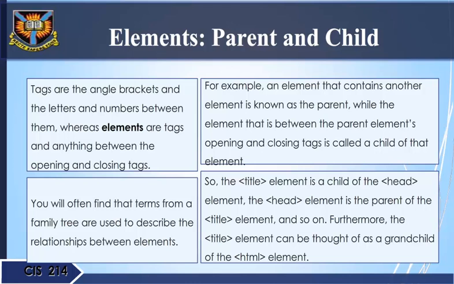For example, an element that contains another element is known as a parent, while the element that is between the parent element's opening and closing tags is called a child of that element. So, the title element is a child of the head element. The head element is the parent of the title element, and so on. Furthermore, the title element can be thought of as a grandchild of the HTML element.